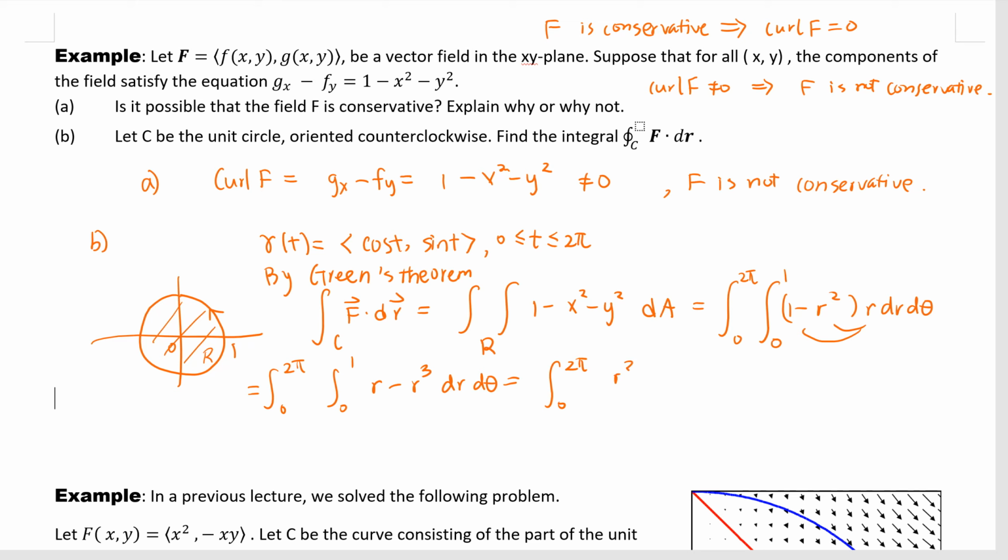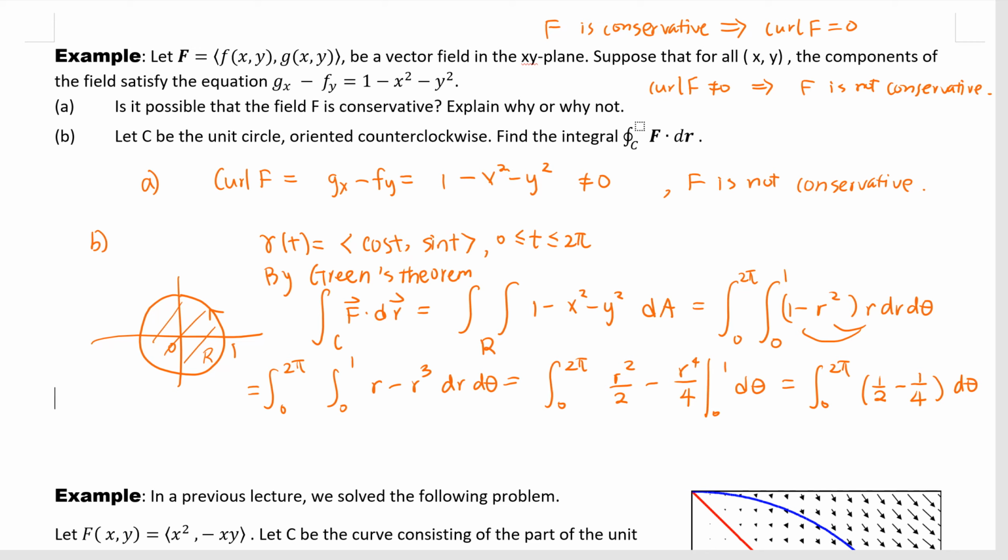Integral of r is r squared over 2. Integral of r cubed is r to the 4 over 4. We evaluate from 0 to 1, and then d theta. We plug in 1, we get 1/2, minus 1/4. When we plug in 0, they're all 0.